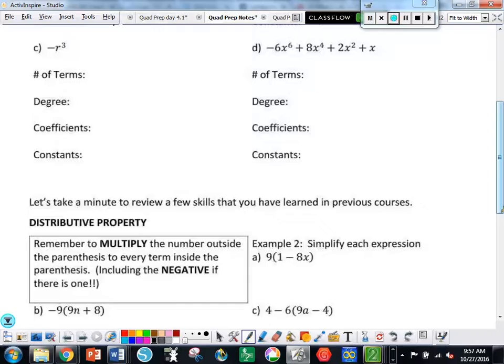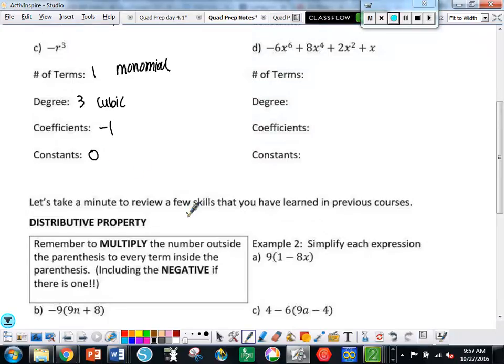Part C, how many terms are there? The 1, so what would the type be? Monomial. The degree is 3, so it's the cubic. You don't have to put the 3. The coefficient is -1. The constant, 0.